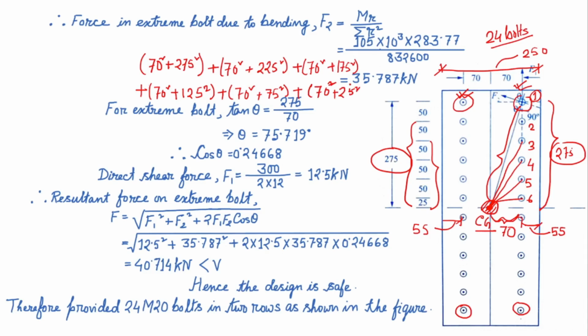These are the squares of the distances of each of the 6 bolts from the CG.